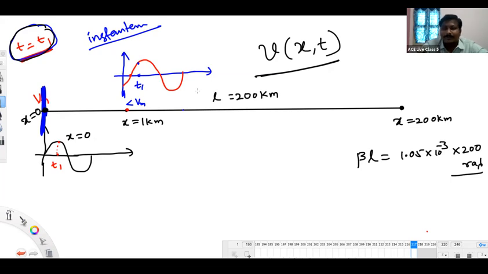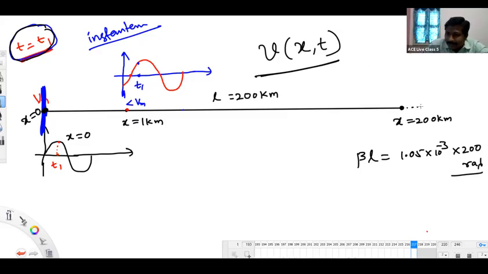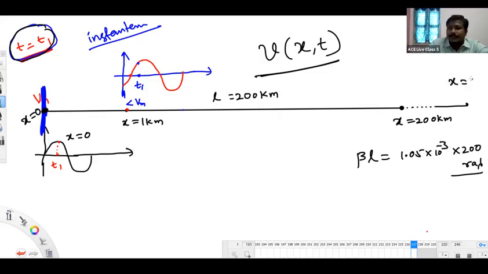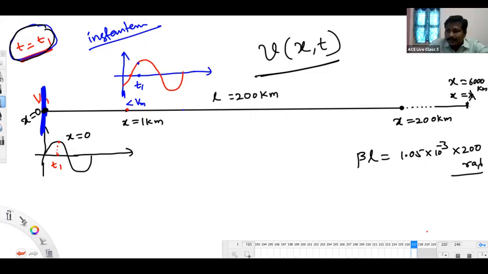So listen. Is the instantaneous voltage at x equals 0 and x equals 200 at any time equal or unequal? Unequal. And if I extend the length of the line to 6,000 kilometers, which is lambda, x equals lambda, then at this place the voltage will be in phase with the x equals 0 voltage.